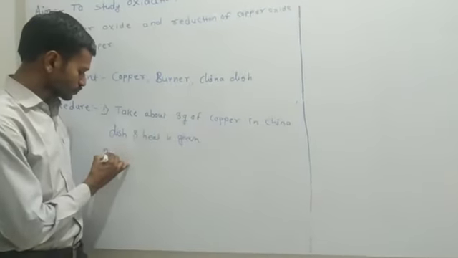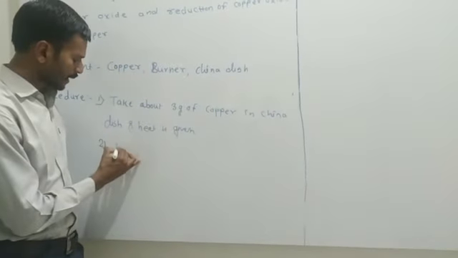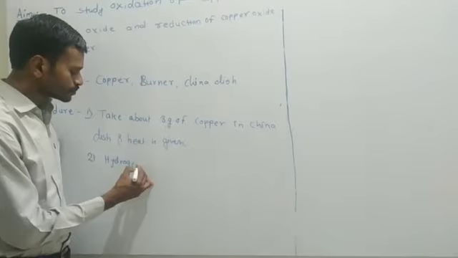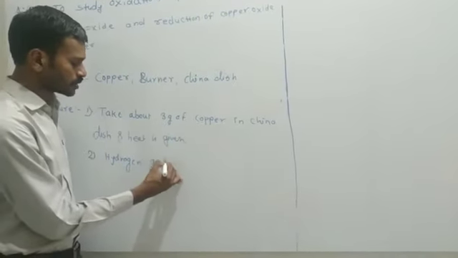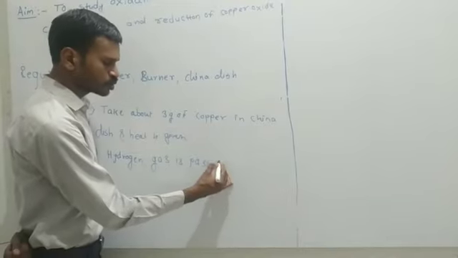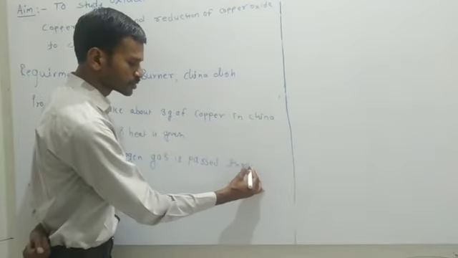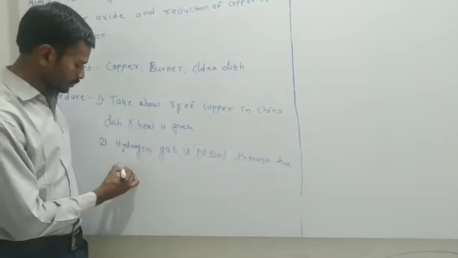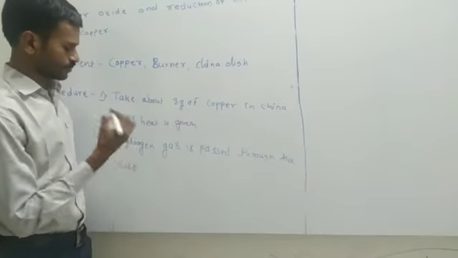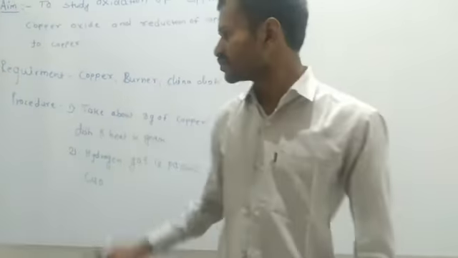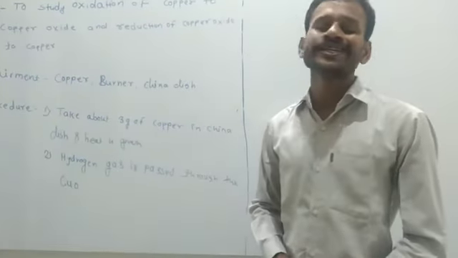The second point is that hydrogen gas is passed through the copper oxide. So these are two important procedures related to this activity.